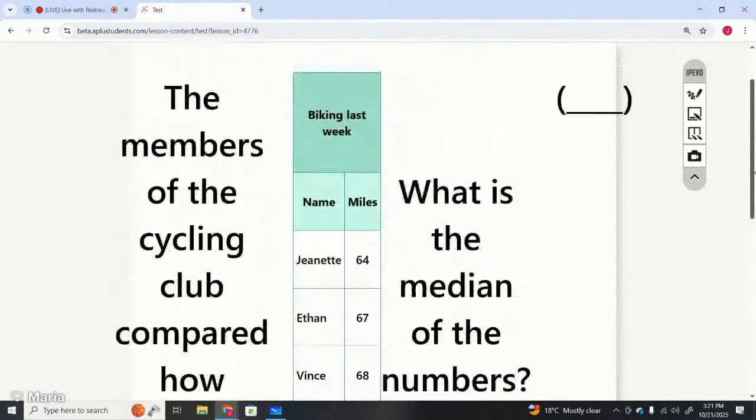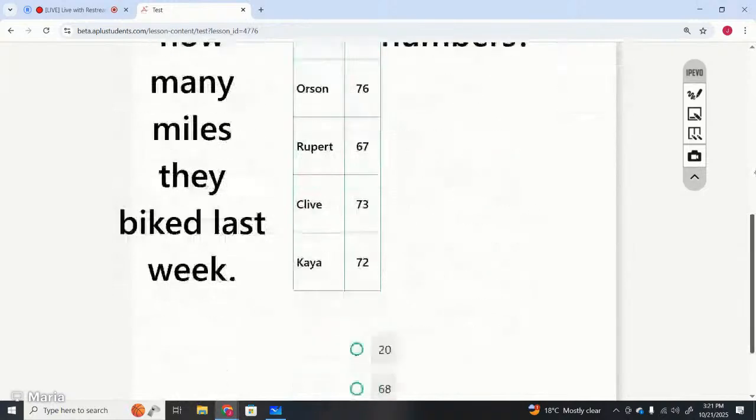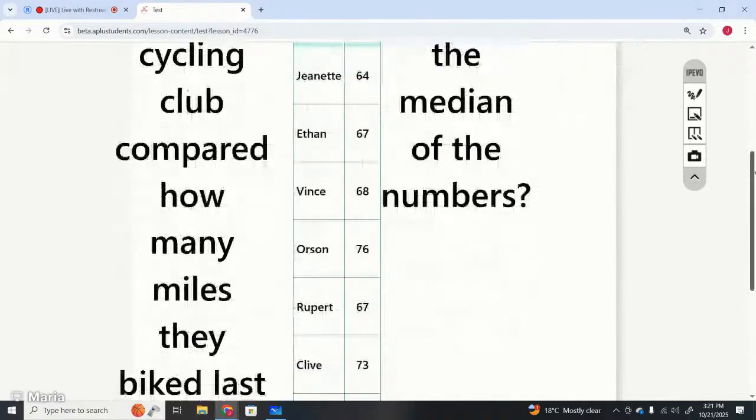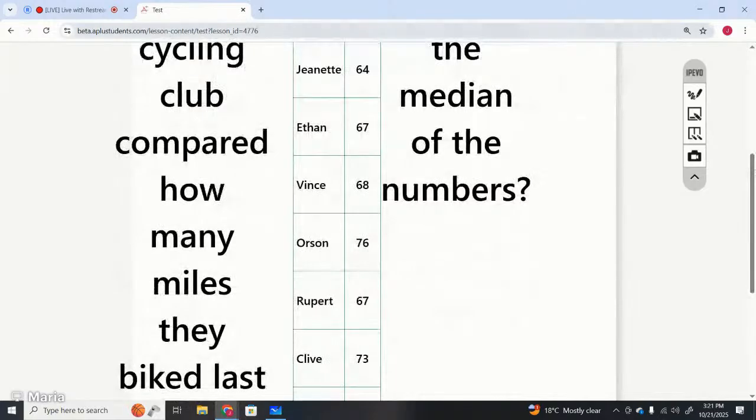The members of the cycling club compared how many miles they biked last week. What is the median of the numbers? So for the median, we need to arrange the numbers from least to greatest.